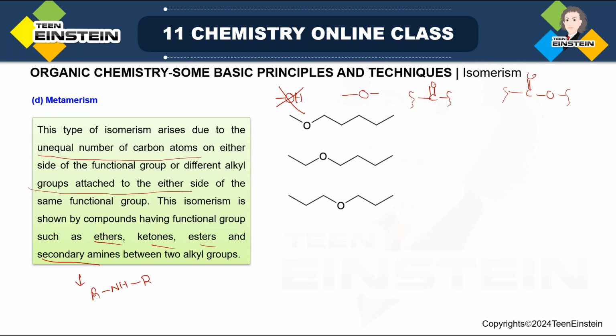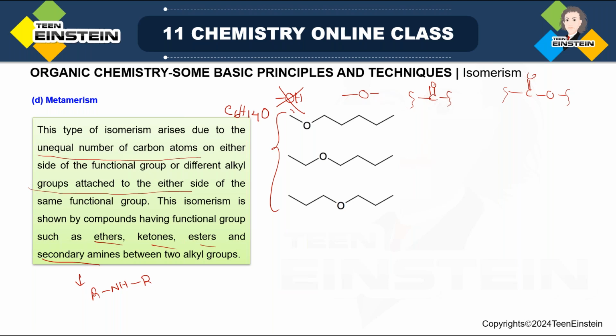Now look at this example. These three molecules, all of them are ether. Now the number of carbon, if you see, is 6. So for all, the formula is C6H14O. Whatever molecule you choose, it always has the same formula.